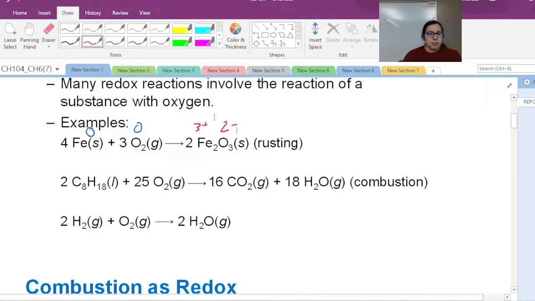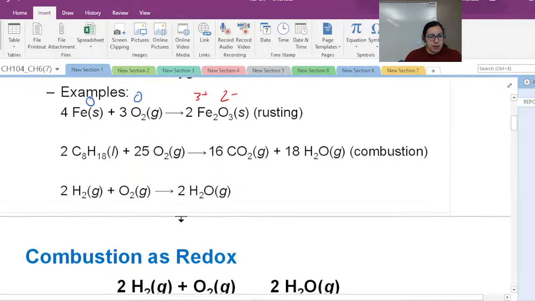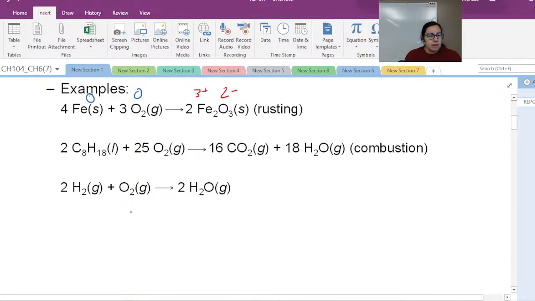And so now we can start to piece together what happened. I'm actually going to rewrite this so we can have some space. So we said, okay, we're looking at 4 equivalents of iron plus 3 equivalents of oxygen give us our iron oxide.